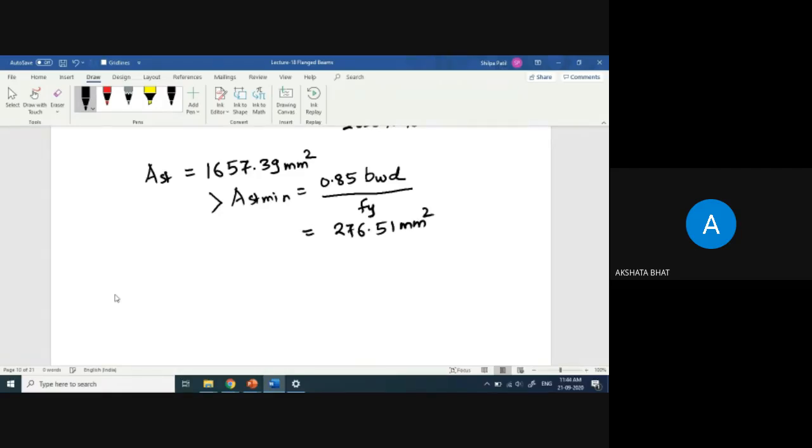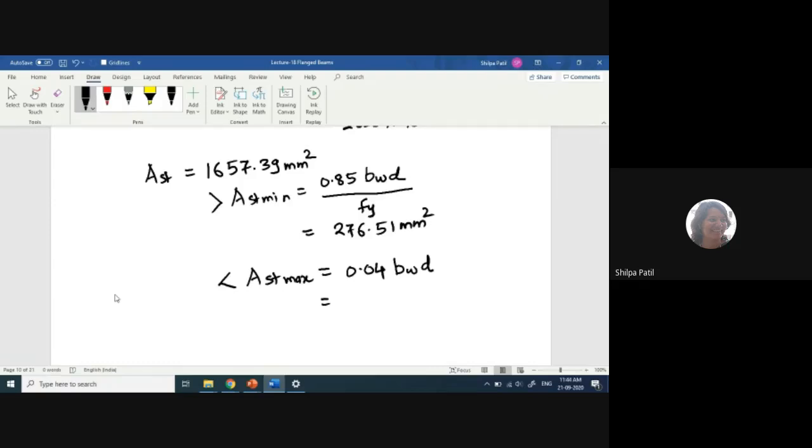And Ast should be less than the maximum value, Ast max. So let us calculate the maximum value. The formula is again 0.04 bd, so bw into d here.